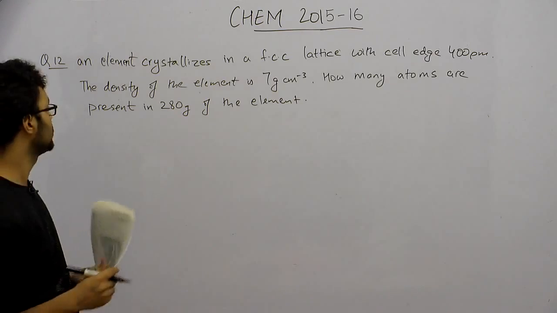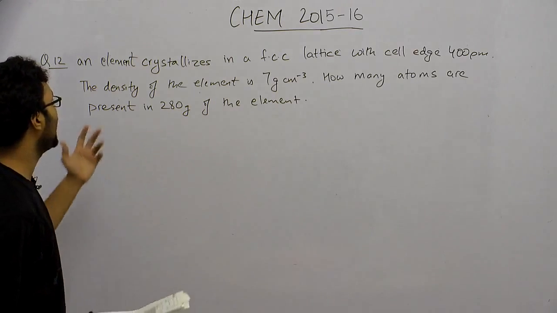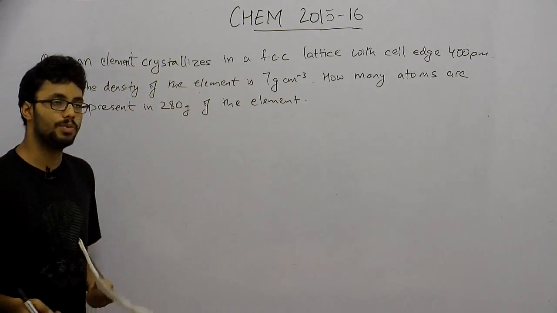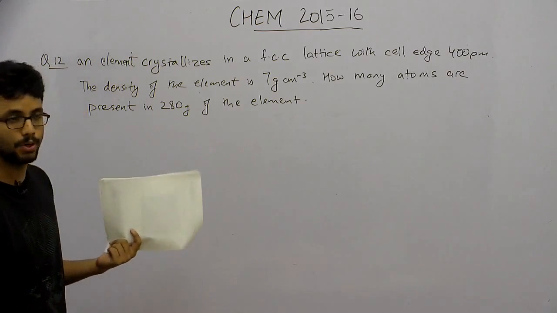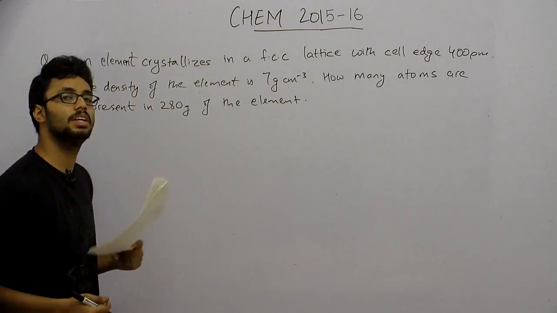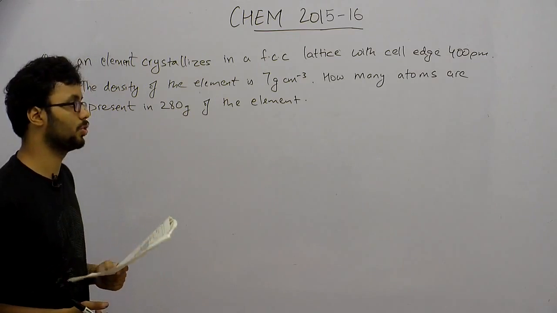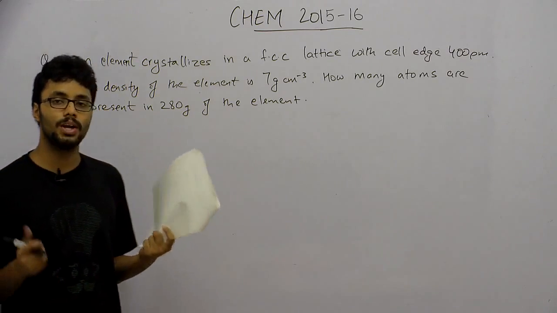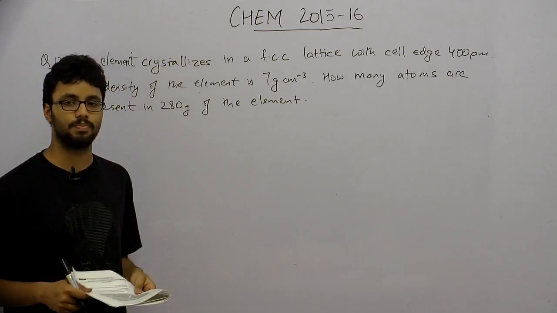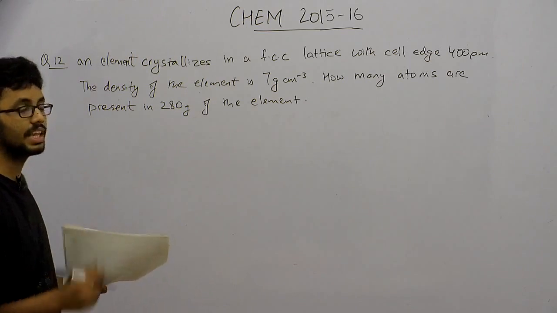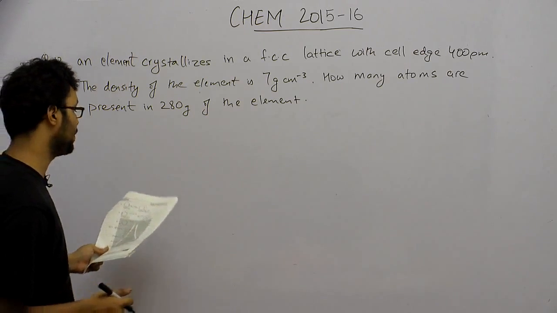So the next question is, an element crystallizes in a FCC lattice with cell edge as 400 picometer and the density of the element is 7 gram per centimeter cube. How many atoms are present in 280 gram of the element? So we have the cell edge as 400 picometer.